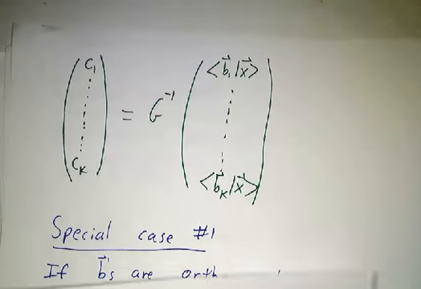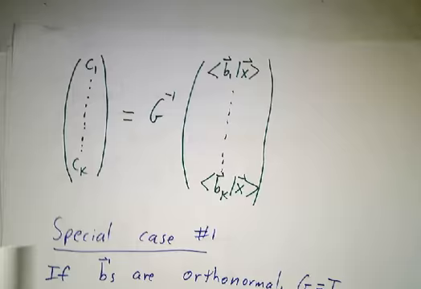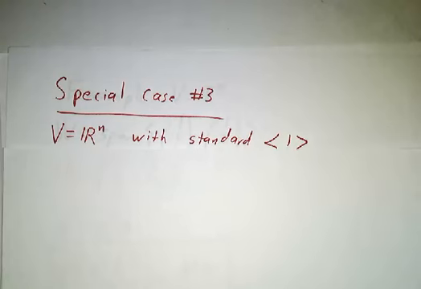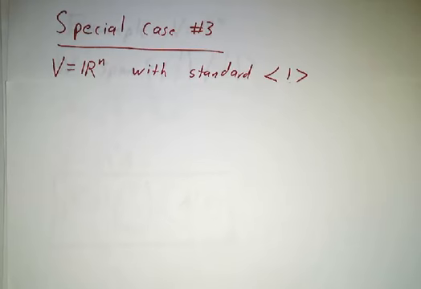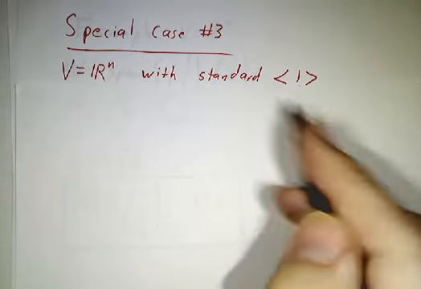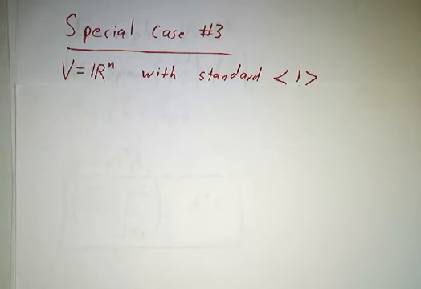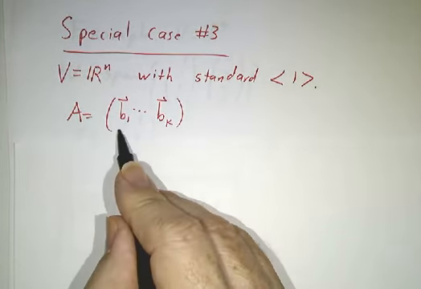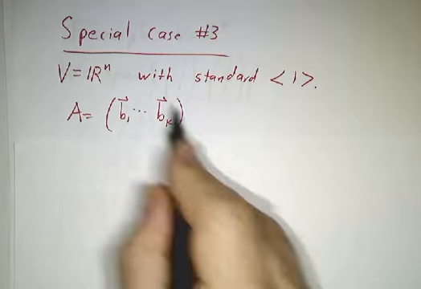Now, if the B's aren't orthogonal and aren't orthonormal, then the G might be a complicated matrix and you have to solve some equations. But it works out reasonably nicely if we work in ordinary Rn with a standard inner product. Because then, whenever you have a bunch of vectors, it's always convenient to package them into a matrix.